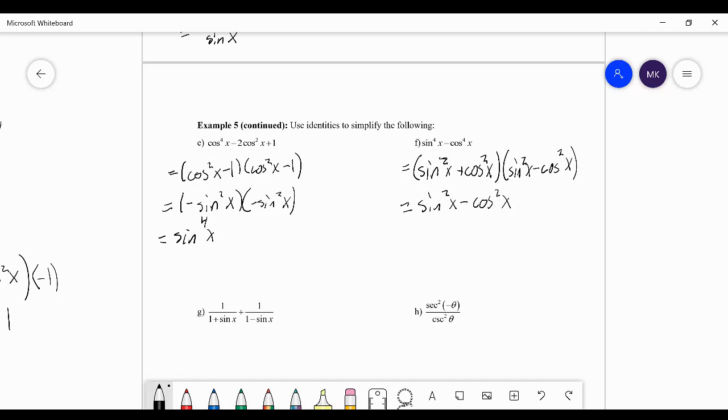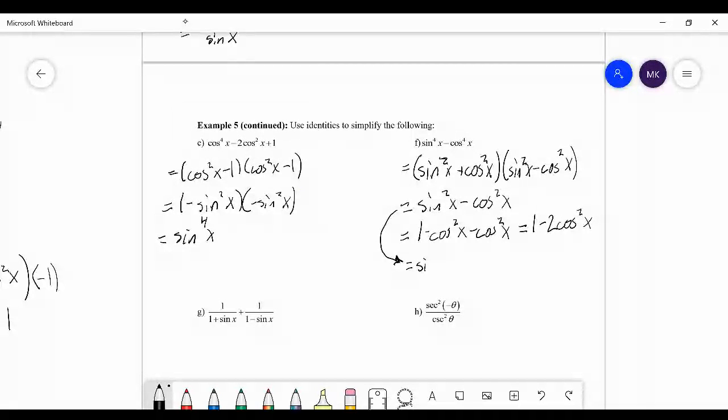Okay. Now, this could be done either way. You could really flip either one. But let's say sine squared is just 1 minus cosine squared x, minus cosine squared x. That's just 1 minus 2 cosine squared x. Or, horrible.